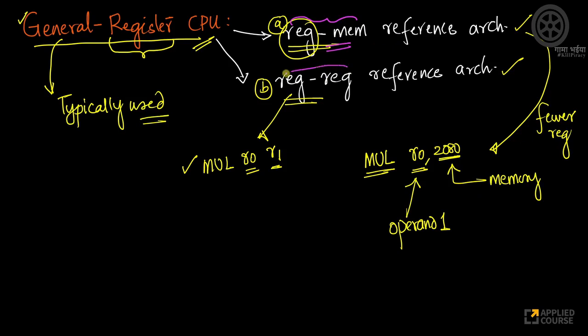But in the modern i3, i5 type of processors, you have tons and tons of registers, so they typically follow register to register reference architecture. The older general register based CPUs followed this, the more modern ones follow this. We'll see the pros and cons of both as we understand them in more detail.